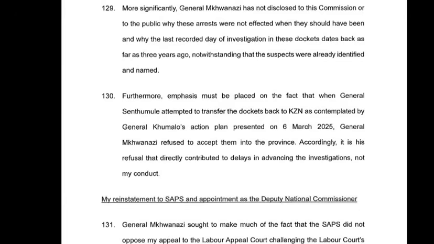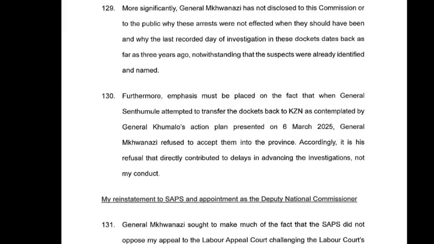Furthermore, emphasis must be placed on the fact that when General Sintumule attempted to transfer the docket back to KZN as contemplated by General Khumalo's action plan presented on 6th of March 2025, General Mkhwanazi refused to accept them into the province.